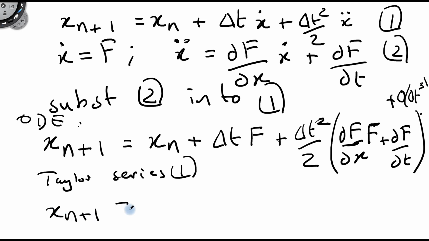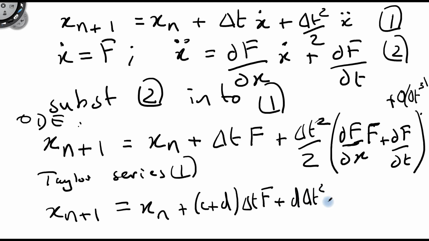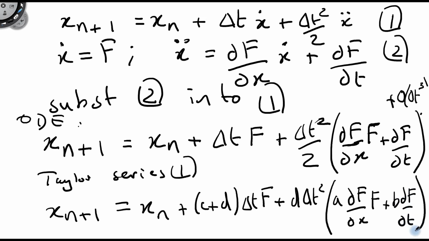So x n plus 1 equals x of n plus c plus d delta t on f, and then we have plus d delta t squared, little a partial f by dx f plus b delta f by dt. So we now have these two Taylor series. Let's just see where we've gone.